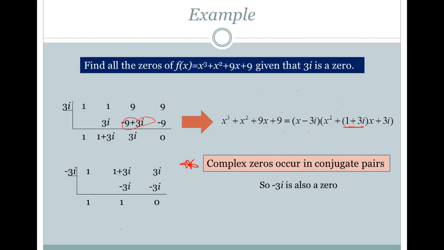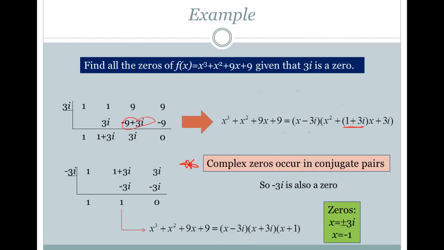Okay? So that tells me now that this term can be factored down to x minus 3i, x plus 3i, x plus 1. I have one rational 0 right here, and I have two complex or imaginary zeros. Okay? And there are my zeros. And this is my linear factorization. Everything is a linear term here.